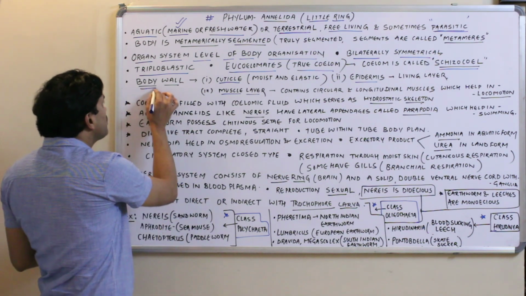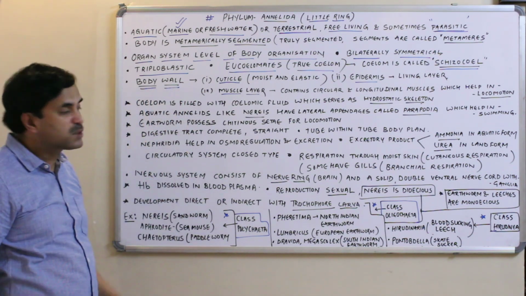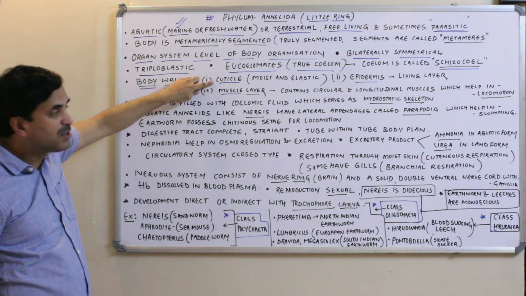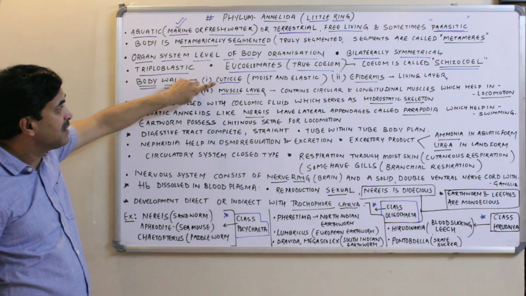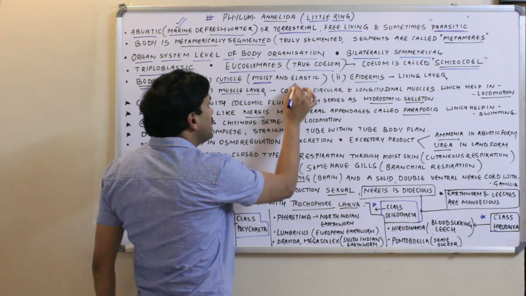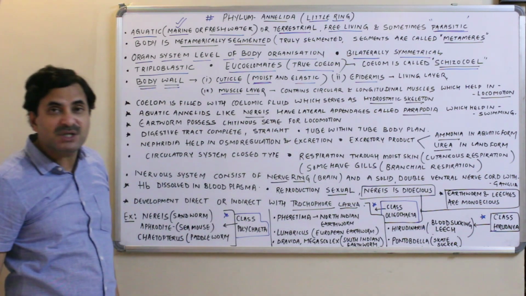Now, if we talk about the body wall, it consists of the outermost cuticle. Just below the cuticle is the epidermis and then the muscle layer. The characteristic feature of the cuticle is that it is moist and elastic.